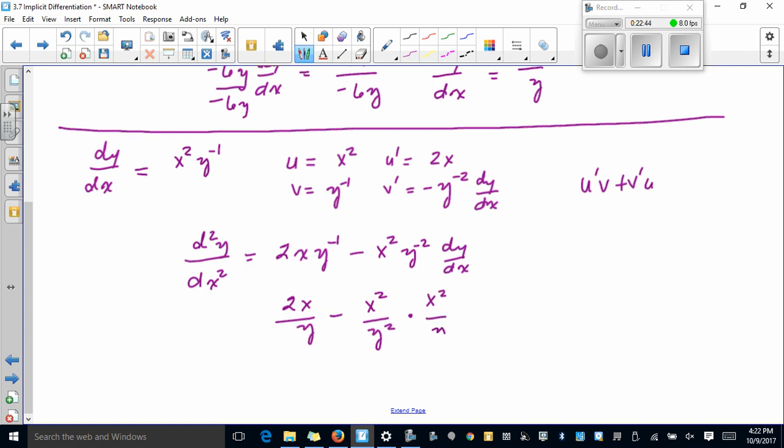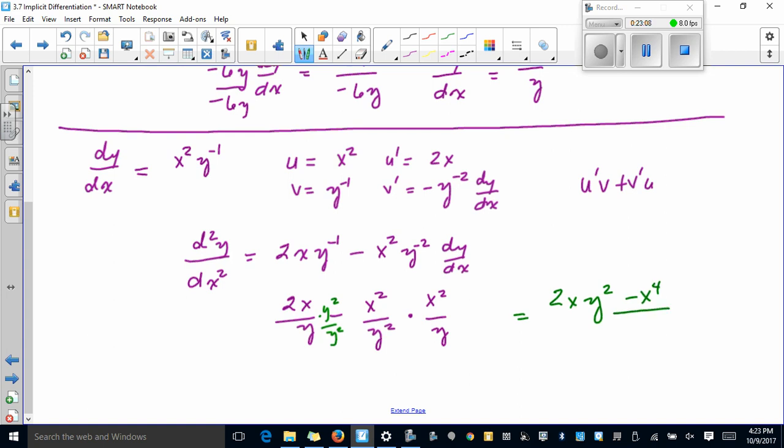Change color of pens. Why? Because I can. Multiply top and bottom by y squared. That way I have a common denominator. So in the end, I get 2x y squared minus x to the 4th all over y cubed.